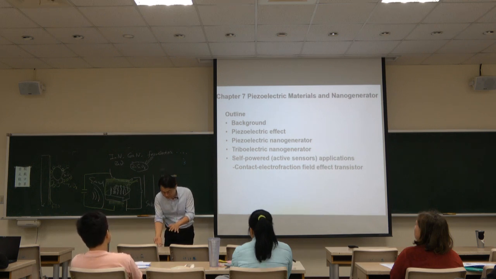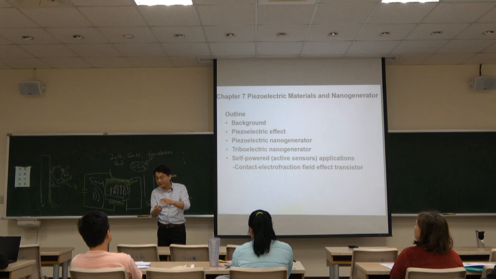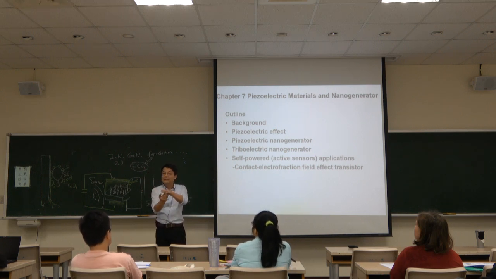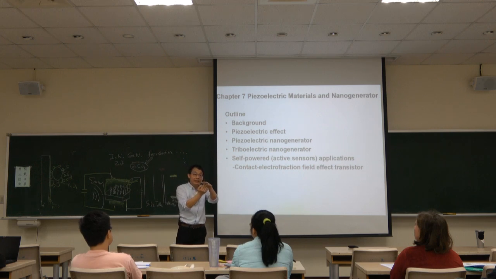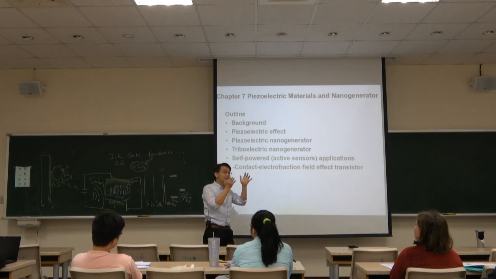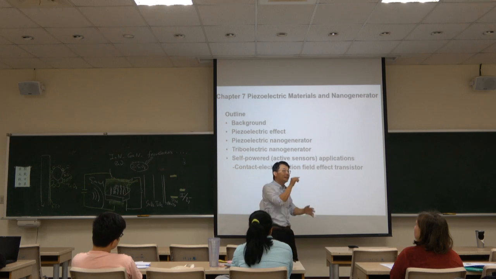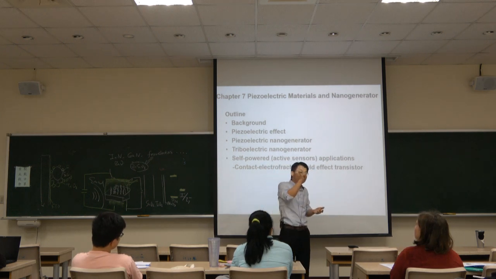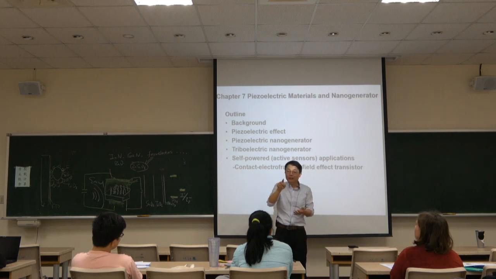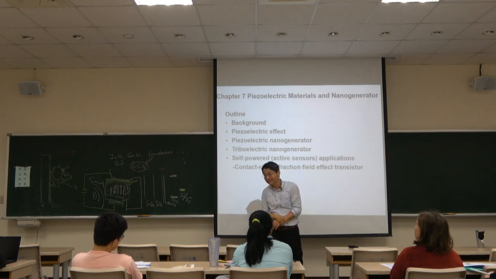Therefore, if you have some hair, the hair can stick to the plastic. That is electricity, and we call it static electricity, 静电. Static electricity is also one kind of electricity.